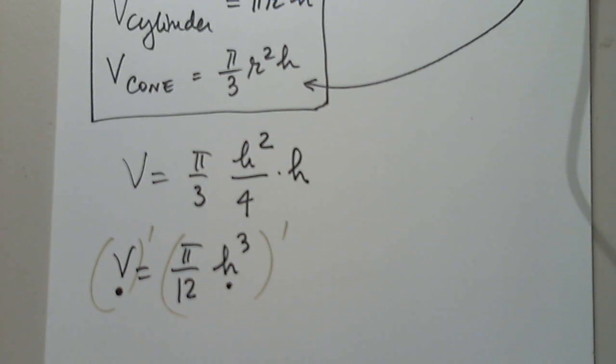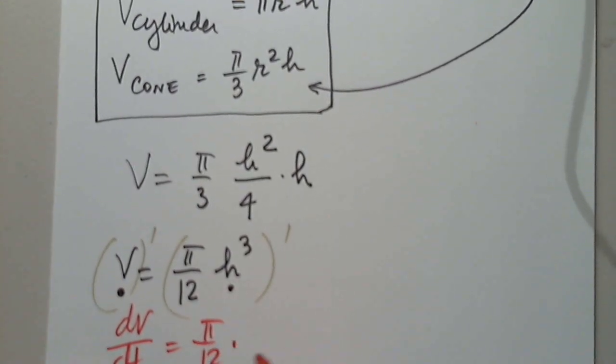So now let's differentiate. The left-hand side, dV over dt. Of course, that's it.